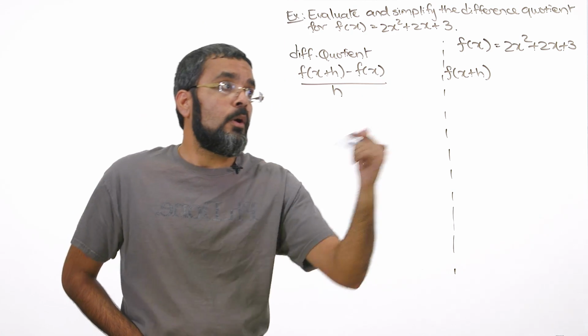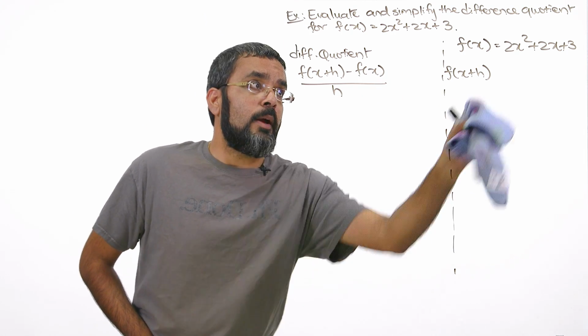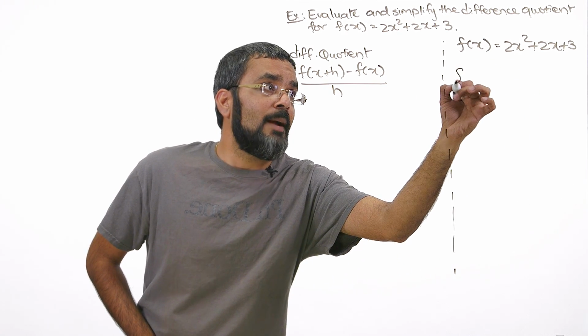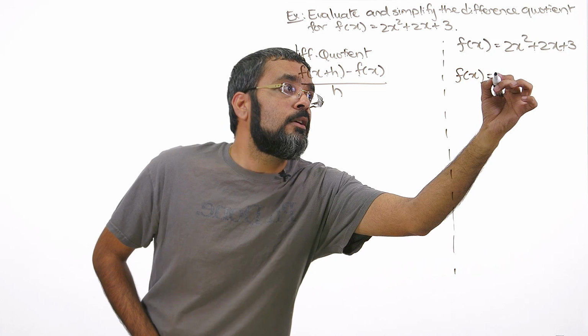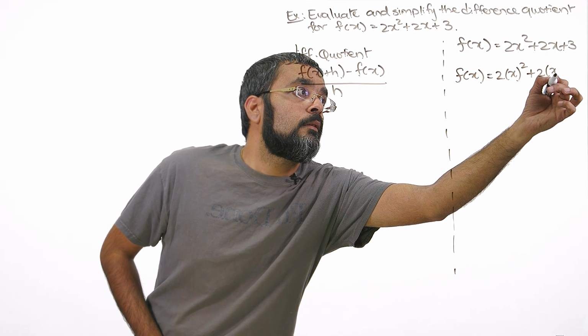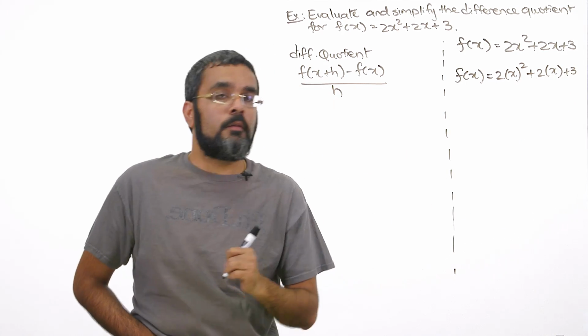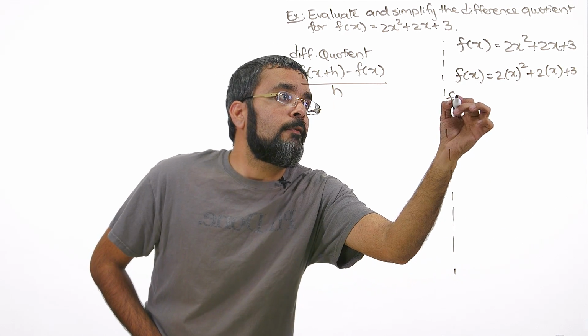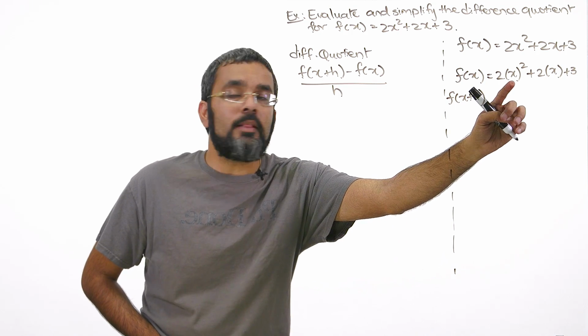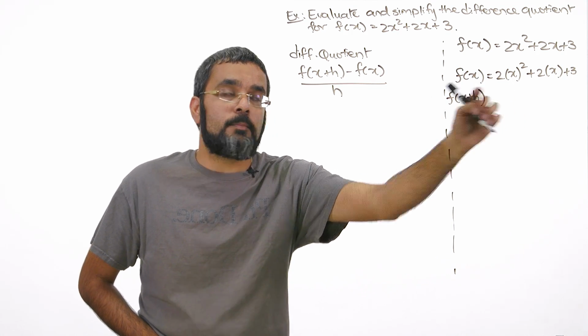One thing that might help you a lot is, before we start writing f of x plus h, I'm going to rewrite this f of x as 2, and I'm going to put all my x's in parentheses. Okay, so now when I write f of x plus h, what I do is every time I see a parentheses, I'm going to go ahead and put an x plus h in there, right?